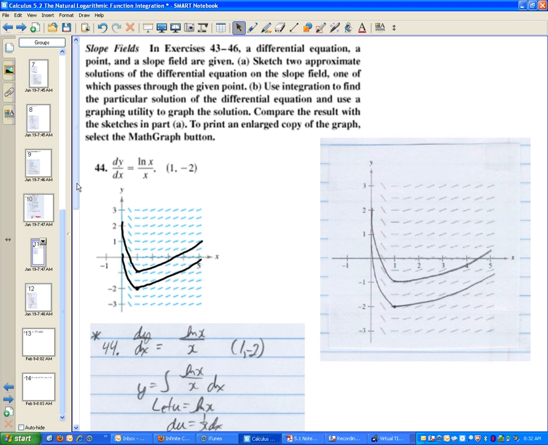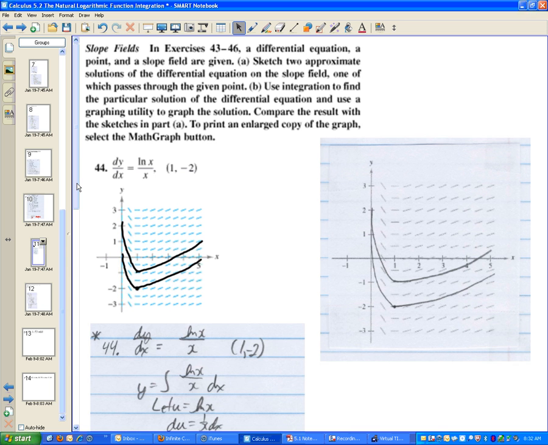And here we break our guidelines. In the last one, it worked out pretty well to use the denominator as our u. The reason it worked out, though, was because the numerator was the derivative of the denominator. So that's why that worked out. Don't let u equal x. That doesn't get you anywhere. So the only thing left to try is to let u equal the natural log of x, which works out great.